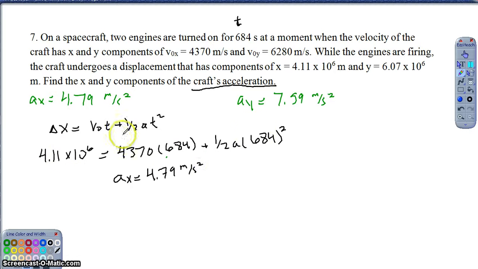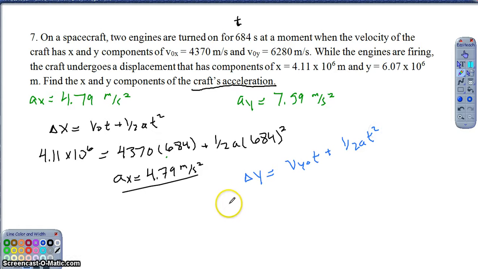Okay, so if you didn't, just check all of your math. Make sure you subtracted this over first, and then divided by whatever you got from 1/2 times 684 squared. So if you didn't get this number, just double check your work. And then do the same type of thing for your vertical acceleration, right? So delta y equals the initial vertical velocity times time plus 1/2 at squared as well.